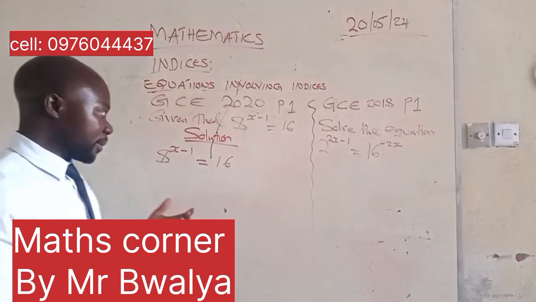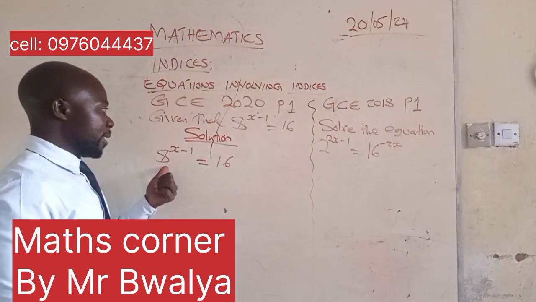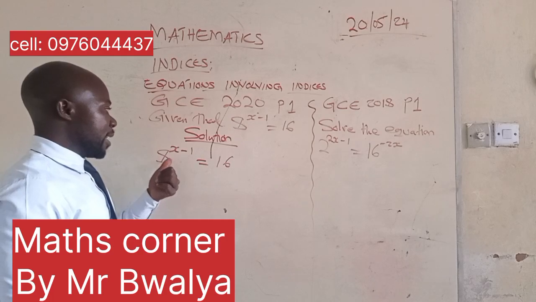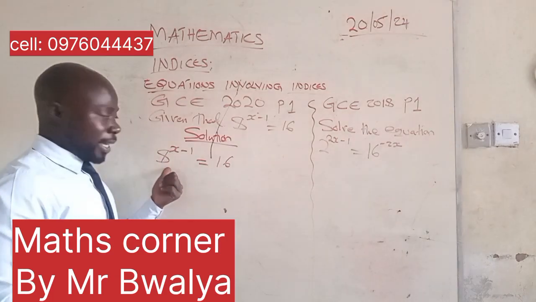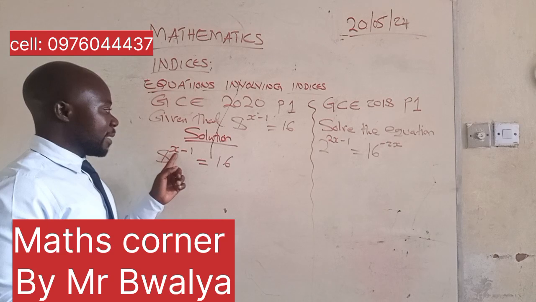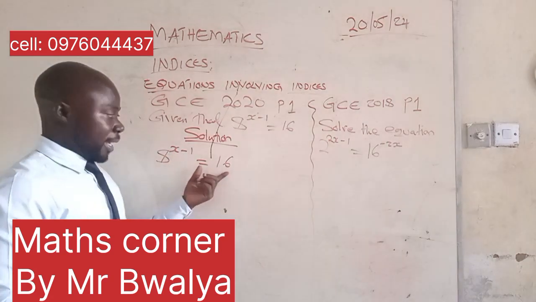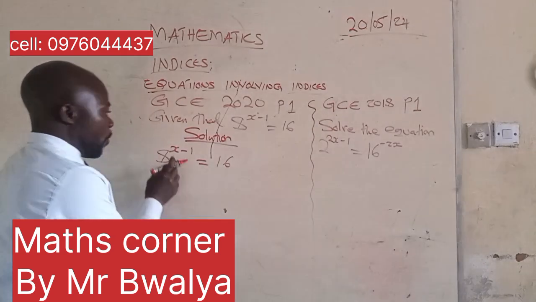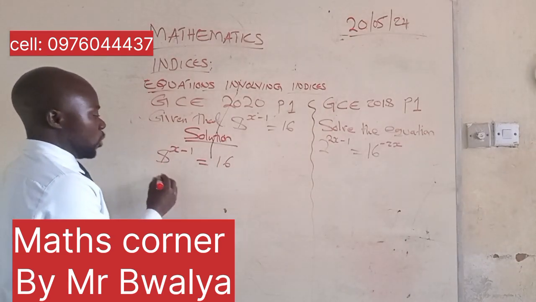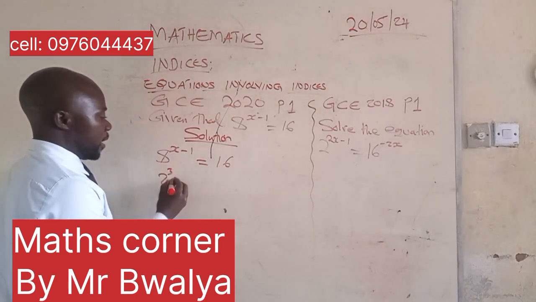Okay, so here we are saying we've got 8 here as the base. Okay, and we've got the powers, which is x minus 1, is equal to 16 here. Okay, so we can say 2 to the power 3.